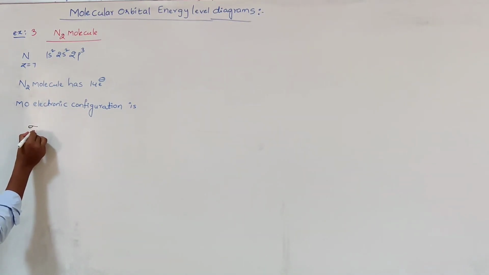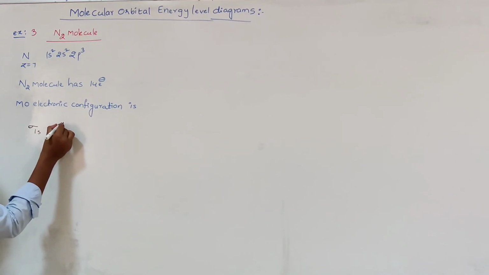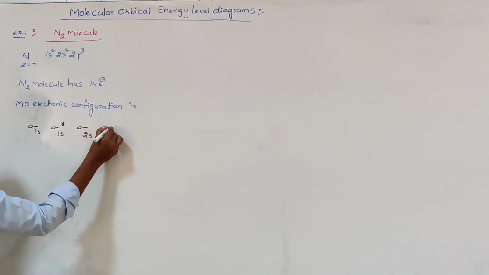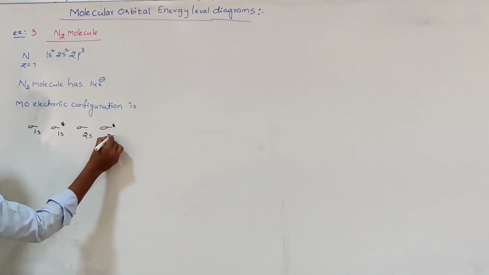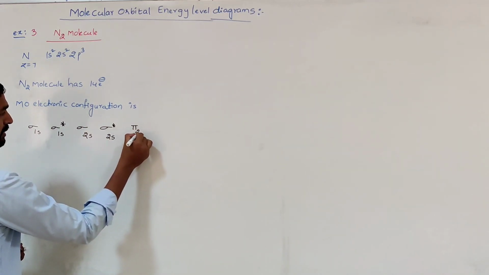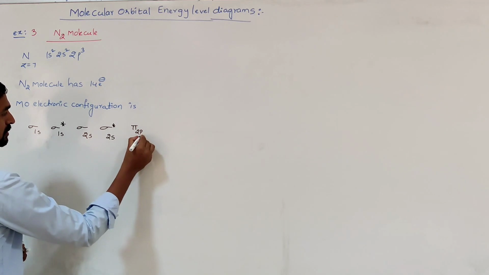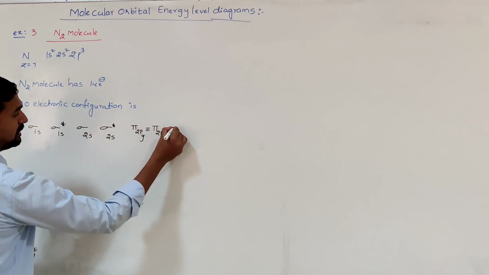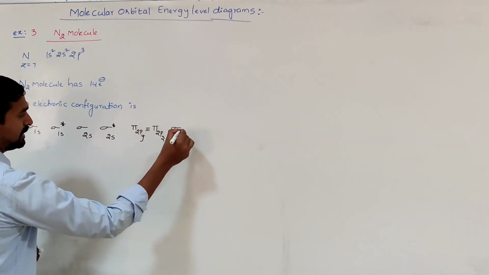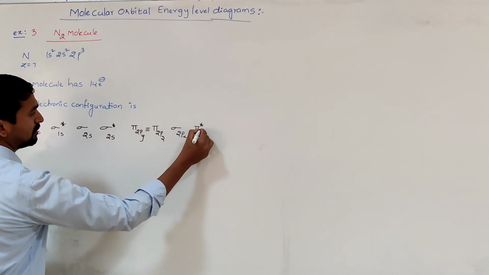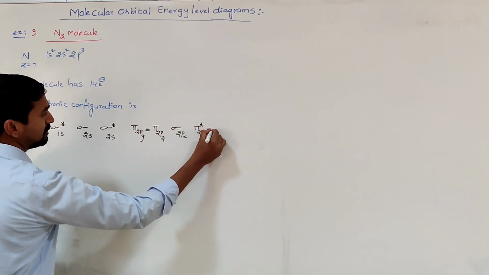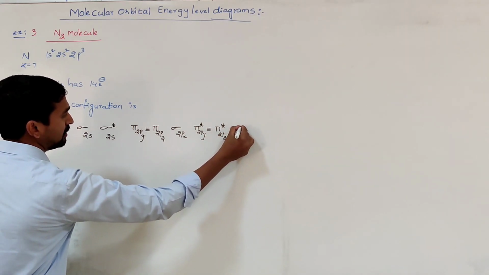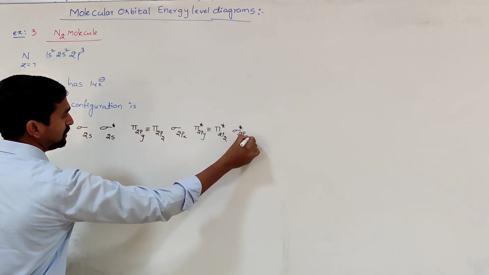Sigma 1s, sigma star 1s, sigma 2s, then sigma star 2s, pi 2py equal to pi 2pz, then sigma 2px, then pi star 2py equal to pi star 2pz, then sigma star 2px.